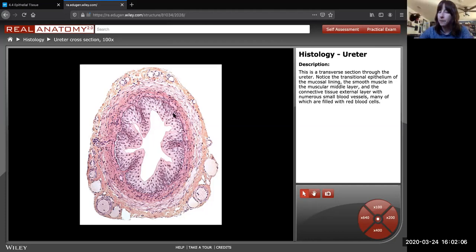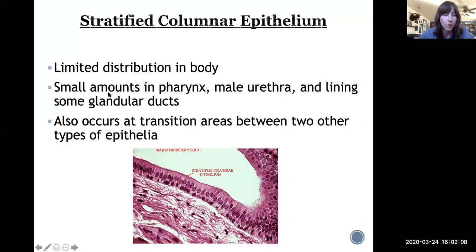Okay. All right, so I'm going to find a better example than this for you guys of stratified columnar epithelium. It is a little bit tricky to identify the difference between the stratified columnar versus the pseudostratified columnar. The stratified columnar, remember, since it's stratified, we are identifying it based on the cells that are touching the apical surface of the tissue.